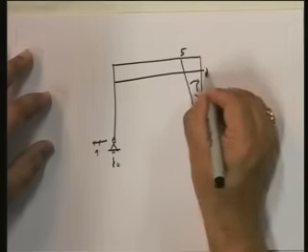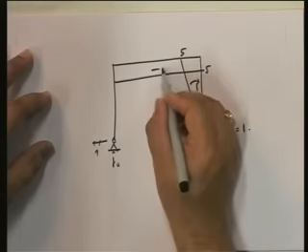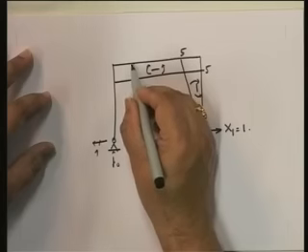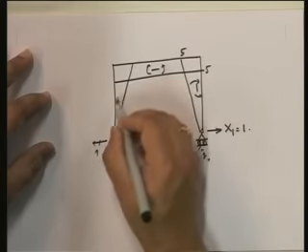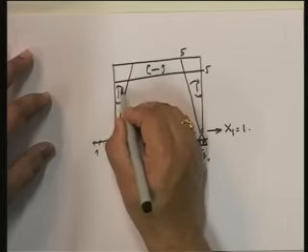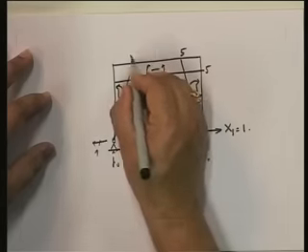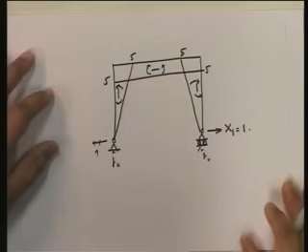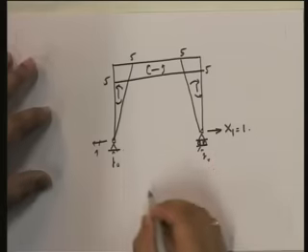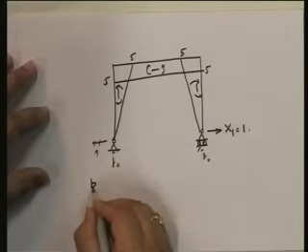I am just putting them down as if I found it out, but if you don't know what I am talking about, I recommend that you go through and compute the bending moment yourself. So this is the bending moment for x1 equal to 1.